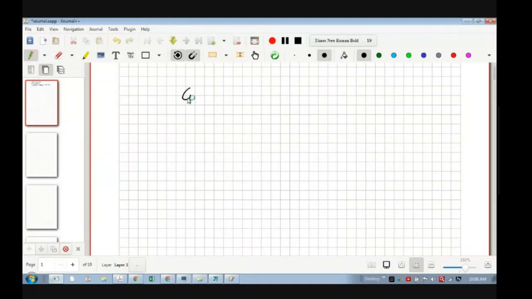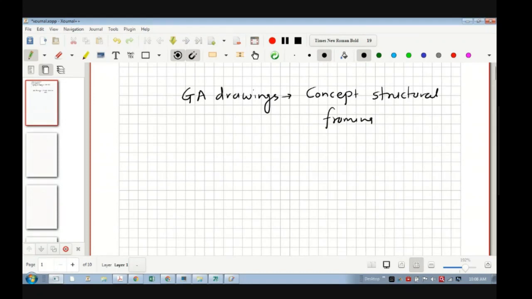So GA drawings or GA is general arrangement, or we can say concept structural framing. Those who have already done this high-rise building training program may be aware of this topic.